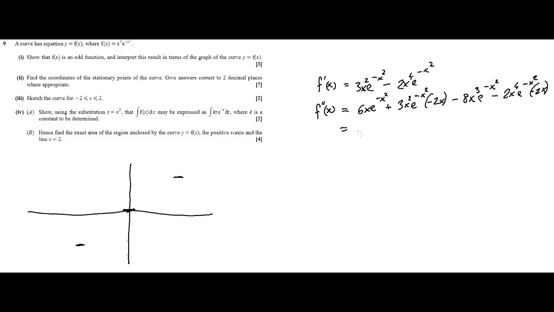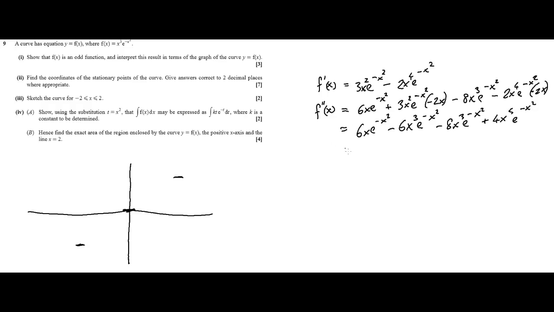That would give me 6x e to the minus x squared, take 6x cubed e to the minus x squared, take 8x cubed e to the minus x squared, plus 4x to the 5 e to the minus x squared, and we can just substitute in the x value.